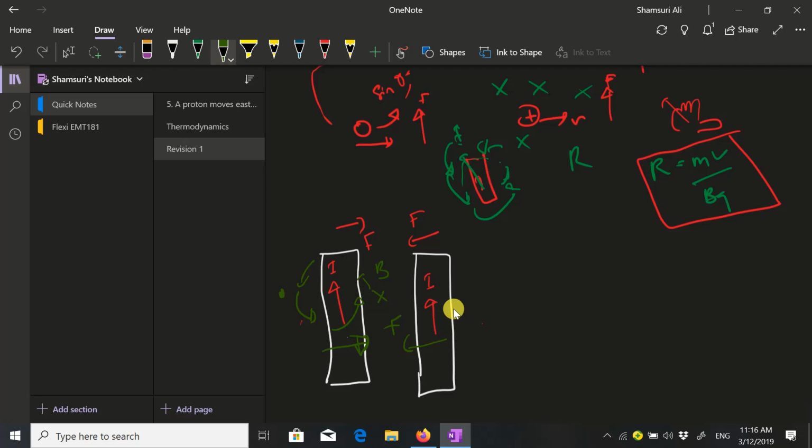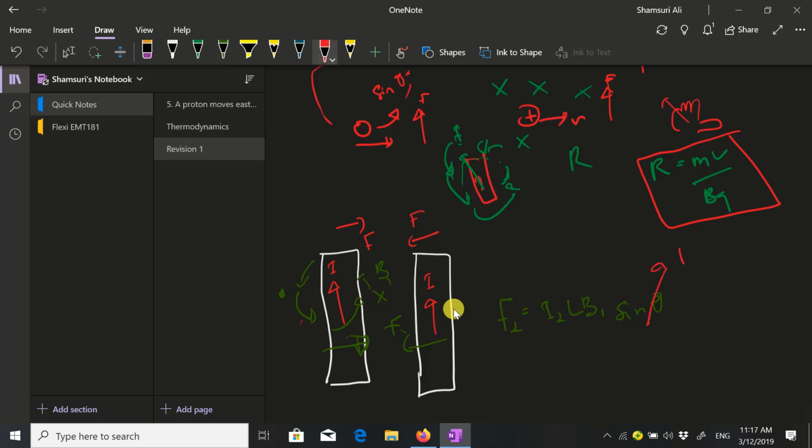And then we can have the second force calculated by F2 equals I2 L B, where B is B1, so F2 is I2 L B1 sine theta, and sine theta is equal to 1.